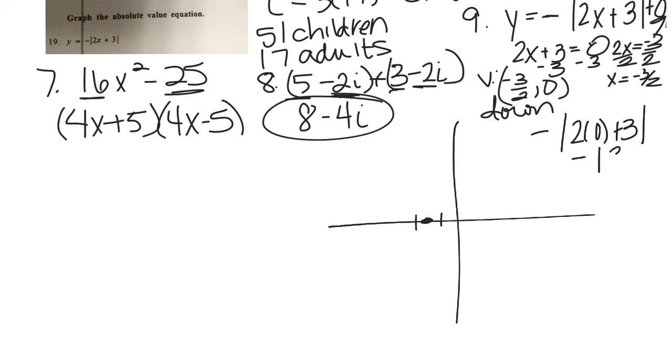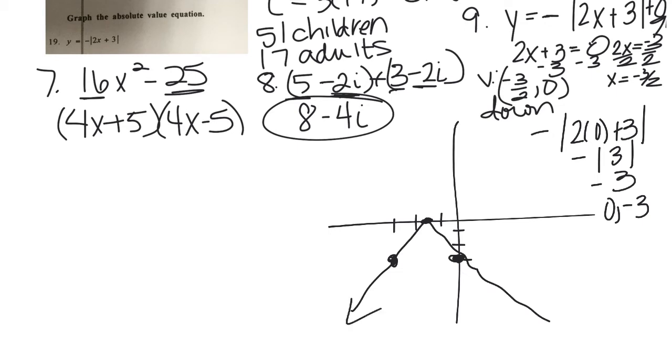It'd be negative absolute value of 3, which is negative 3. So that's the point 0, comma negative 3. 1, 2, 3. And then I'll use 1.5 on the other direction. I'll use some symmetry to graph that. So not straight. And that's your absolute value function.